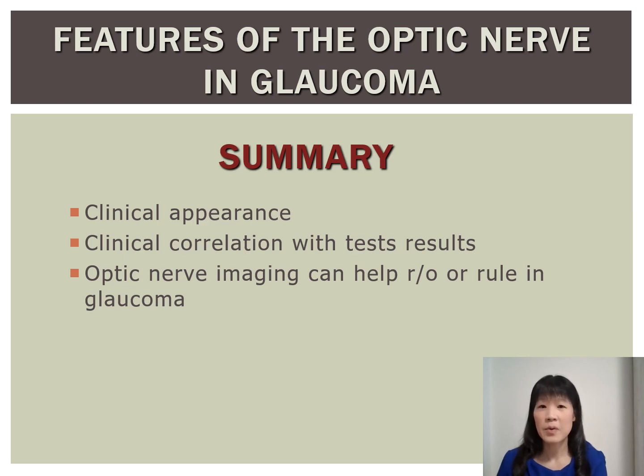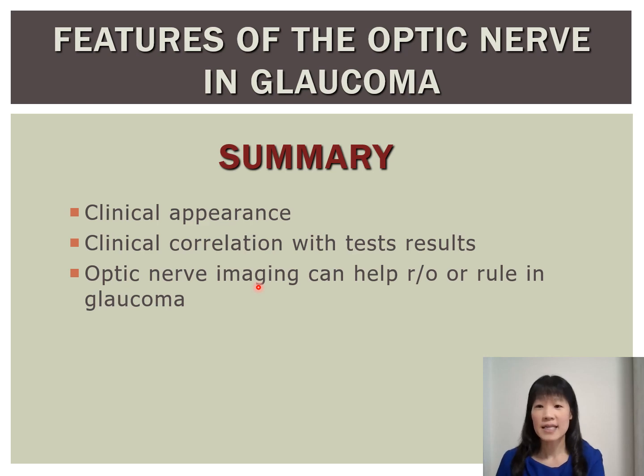So in summary, we should realize the normal clinical appearance of the optic nerve. We need to correlate our optic nerve exam with clinical testing. So for example, it may look glaucomatous, but if the field is normal, then probably the patient is normal and doesn't have glaucoma. And then we can use other ancillary tests besides the visual field. We can use other tests such as imaging to help rule in or rule out glaucoma.